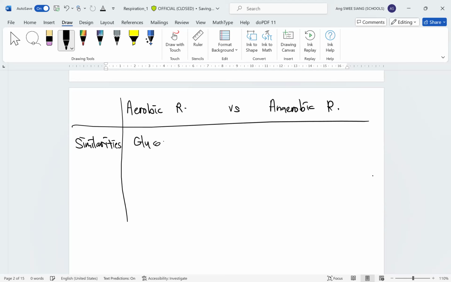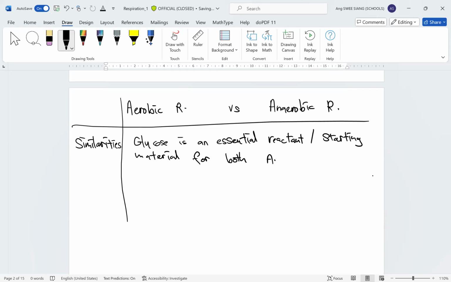Glucose is an essential reactant or starting material for both types, for both aerobic and anaerobic respiration. Any other similarities you can observe that you have identified?